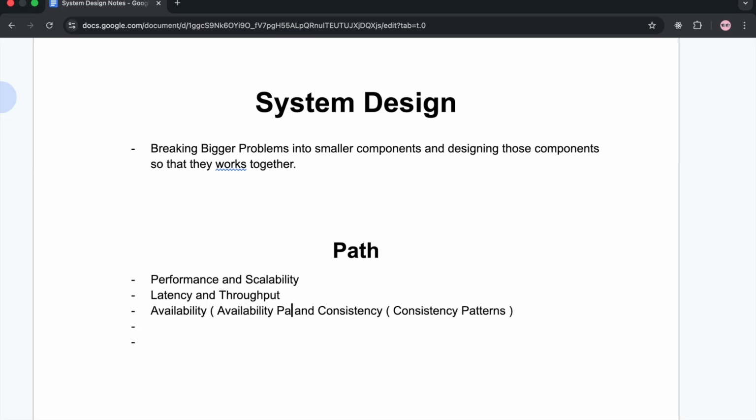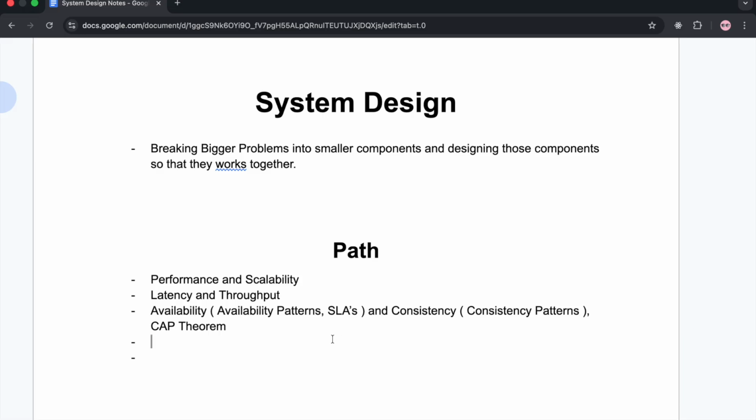After that, we will talk about SLAs in availability, and about consistency we will discuss the CAP theorem, and we will discuss the different types of consistency which are available, right?